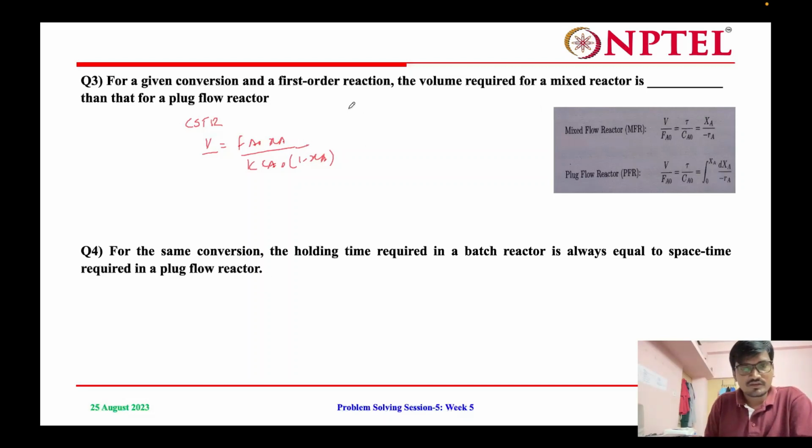Suppose we check for conversion equal to 0.5. Taking the constant terms like v naught as 1, V is 1. Now check for the PFR.